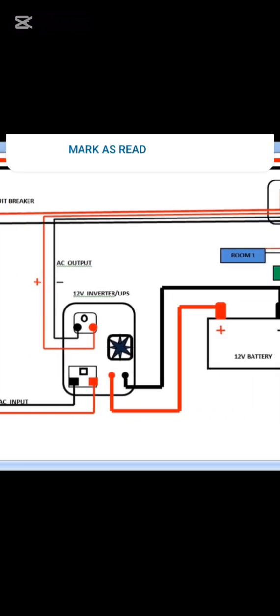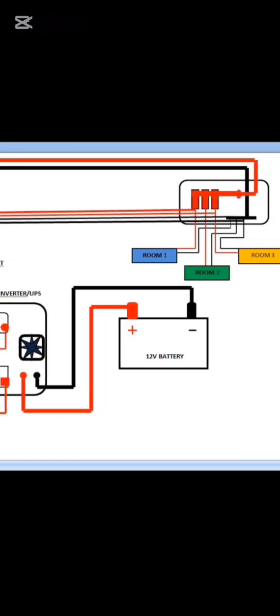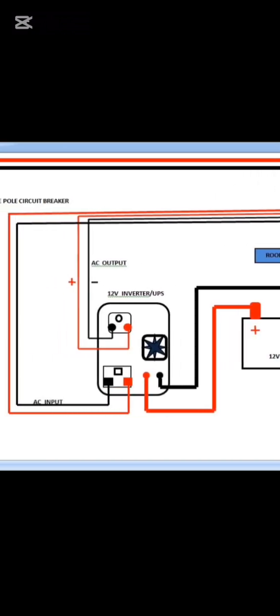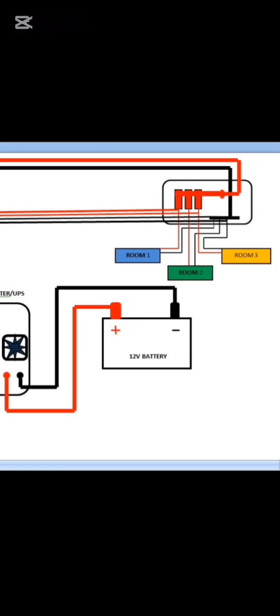So let's explain how the automatic changeover takes place, because that is the topic of this video.